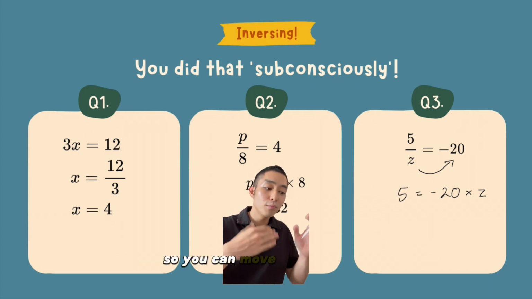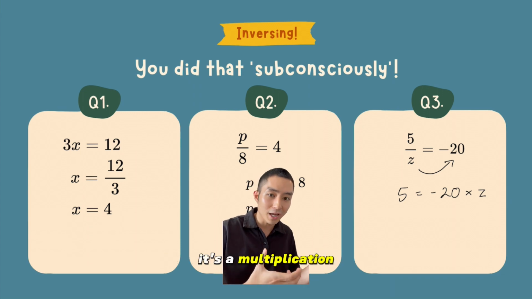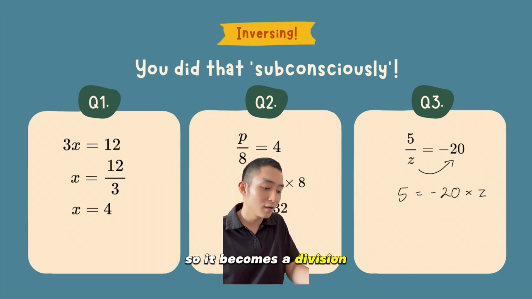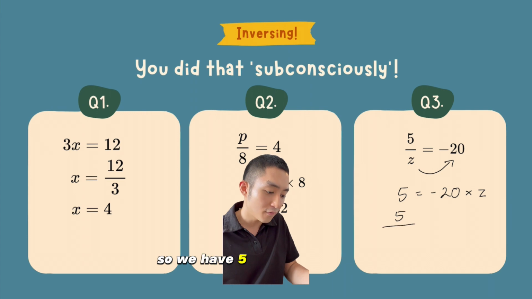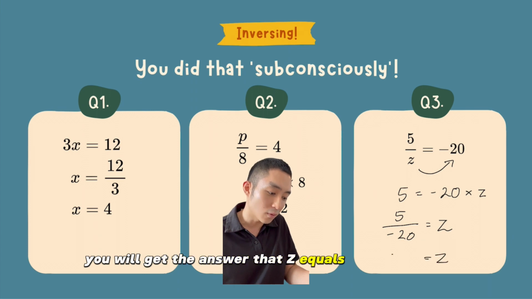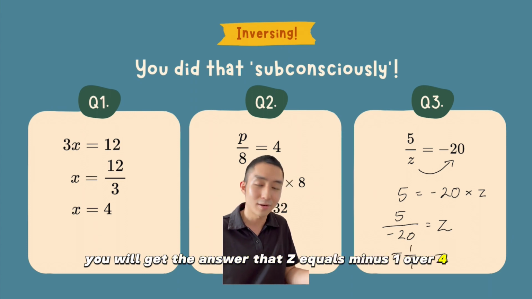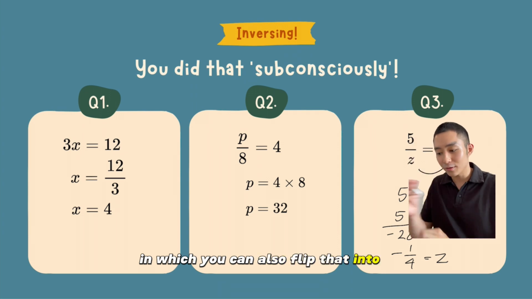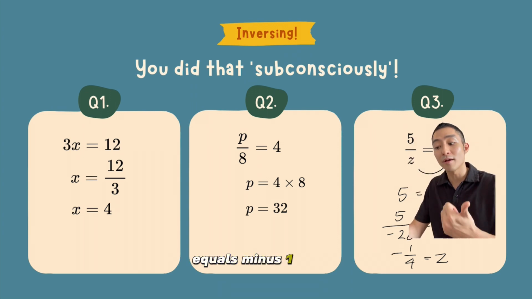So you can move the -20. It's a multiplication, so it becomes a division. So we have 5 over -20 is z. If you tidy up, you will get the answer that z equals -1 over 4. In which you can also flip that into z equals -1 over 4.